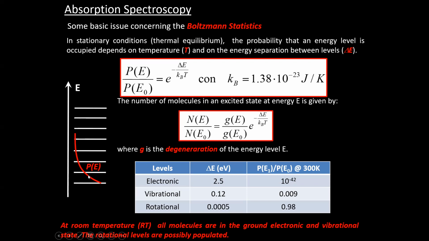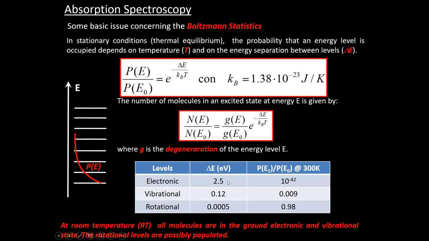If you, for example, consider that these are electronic states, so states in which the electrons have a different cloud shape, we have seen that the electronic spacing is typically between 2 and 3 electron volts. So let's say 2.5 electron volts.